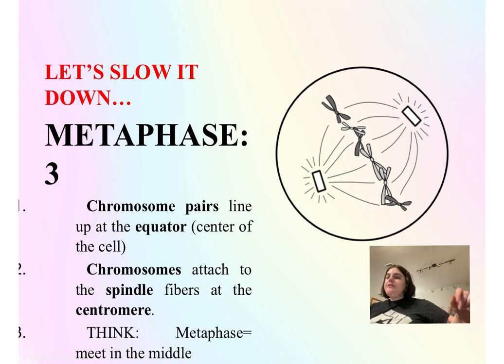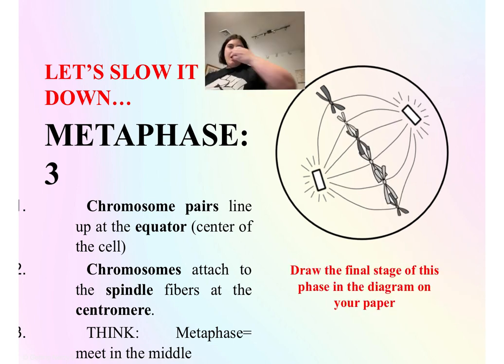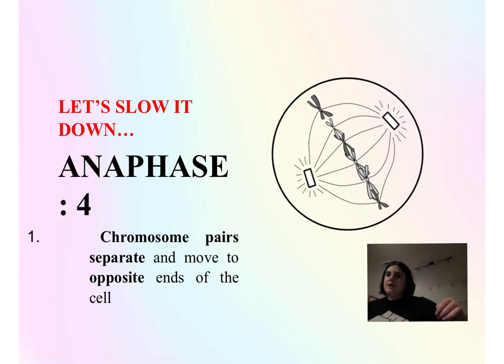Think of it as metaphase starts with M, middle starts with M. As you can see, the spindle fibers are attaching to the centromeres specifically. Make sure you draw this stage on your diagram under number 3.